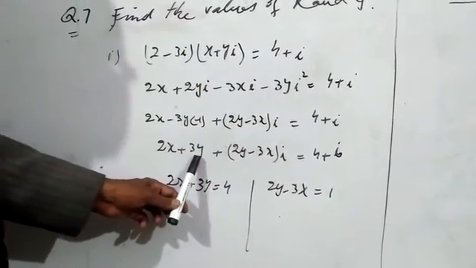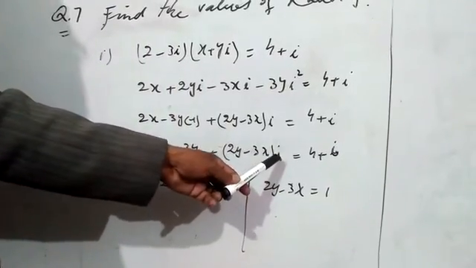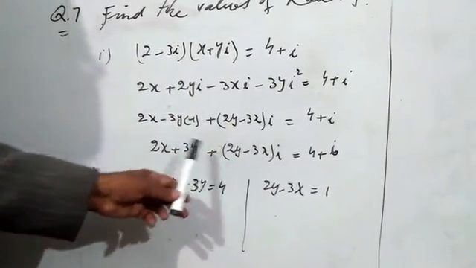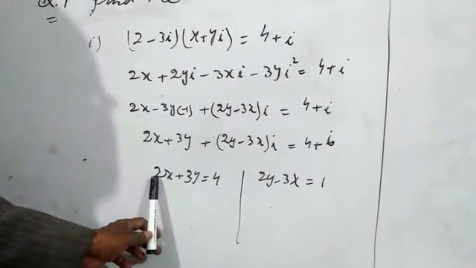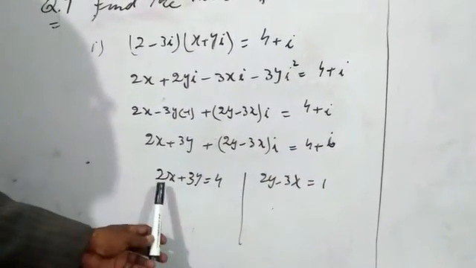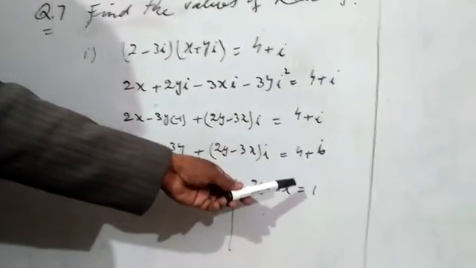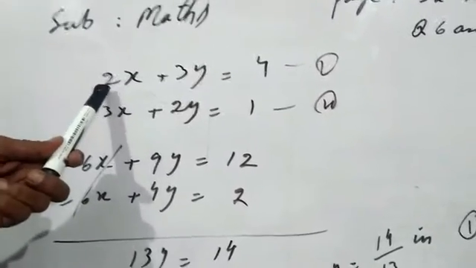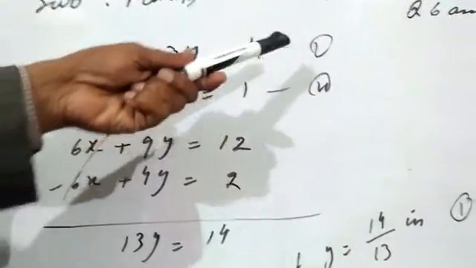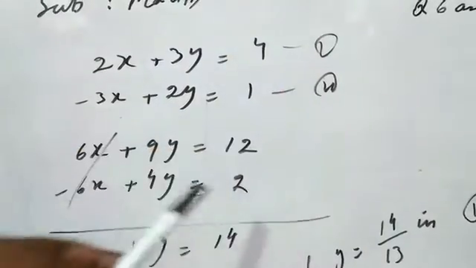So 2x plus 3y is the real part, 2y minus 3x into iota is the imaginary part. Real part is equal to real part and imaginary part is equal to imaginary part. So we have two equations, 2x plus 3y is equal to 4 and 2y minus 3x is equal to 1. We name 2x plus 3y is equal to 4 as the first equation, and minus 3x plus 2y is equal to 1 as the second equation.